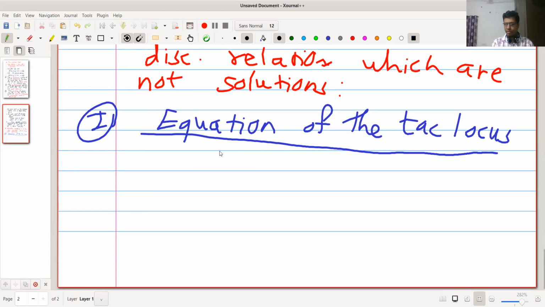So let us see what happens at a point satisfying p discriminant relation.